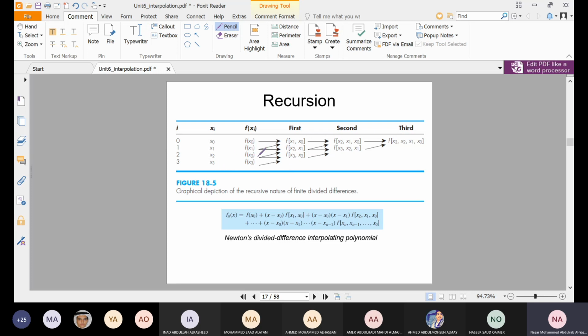So after that, what will be the polynomial? We usually take the first row, like this one. So this represents b0, b1, b2, b3. Here this will be b0, b1, this will be b2, b3. We'll take these and put them in the polynomial that we have. So in the coming examples, I will have a small example that would help us to understand how we can fill this table.